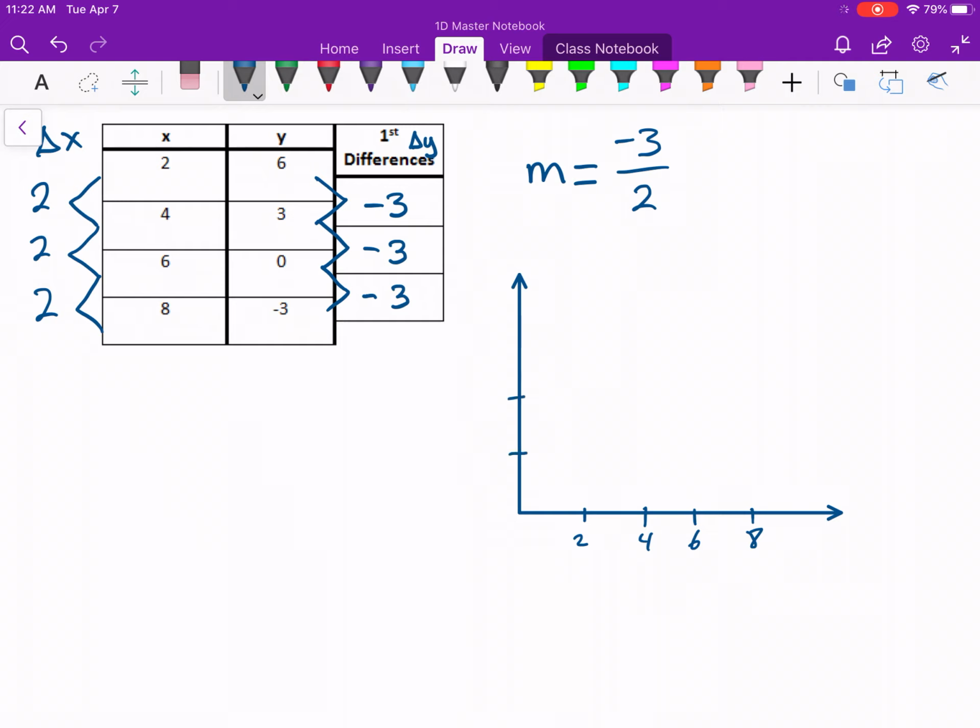We've got an ordered pair at 2, 6. We've got another one at 4, 3. We've got another one at 6, 0. We've got another one at 8, negative 3, so I'll just ballpark that as being down here.